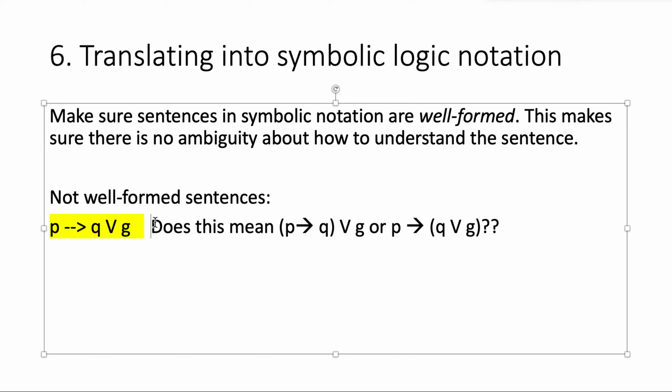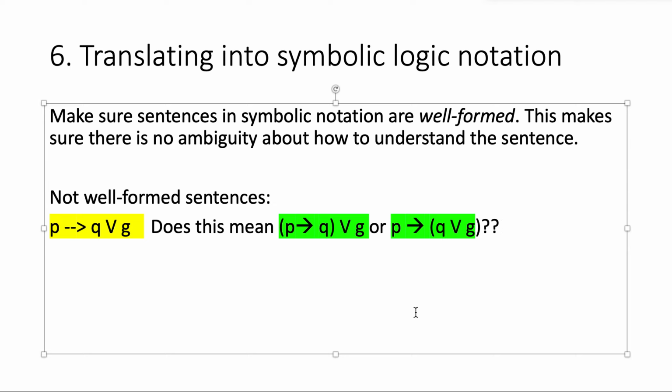It's not clear, right, whether it means this, okay? Let me highlight that in green, or whether it means this, and I'll highlight this one in green. Okay, so does it mean if P then Q or G?